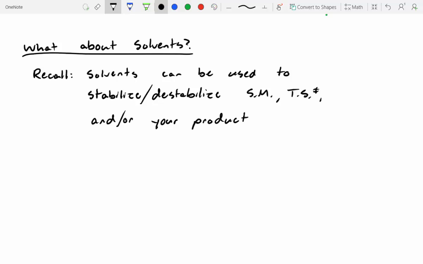So the example we just saw, we said that an aprotic solvent will destabilize really electronegative or small anions. So that's a good example of that changing the stability of your starting material.